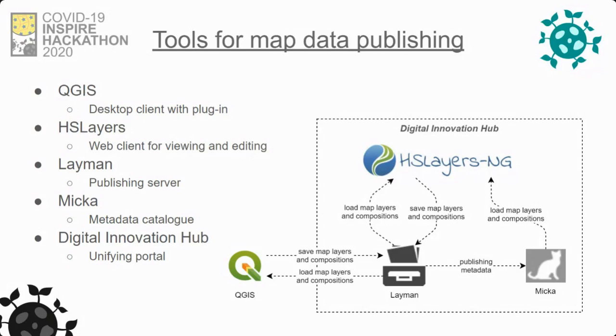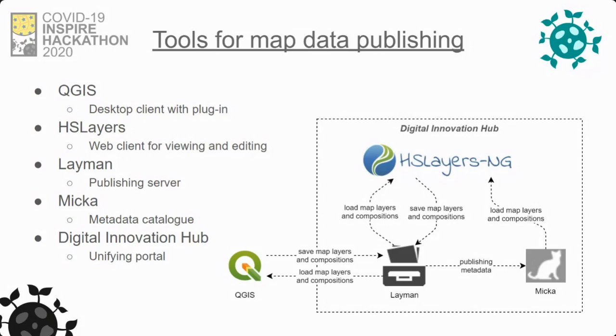And Layman uses MITSCA for publishing metadata about its services. As you can see in the picture, all of those components are joined in one complex solution. That being said, there is a need to have some unifying context, as users need to authenticate somehow and use this as a whole.